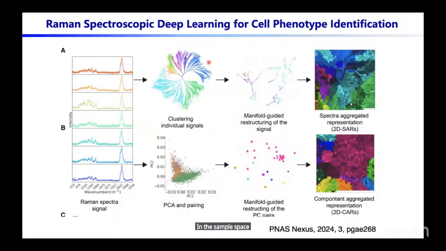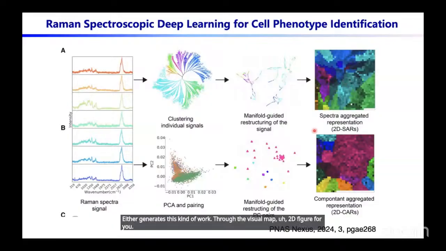You generate this kind of distribution. In the end, you can apply a manifold learning approach to reorder these peaks. And finally, it generates this kind of 2D figure map for you.